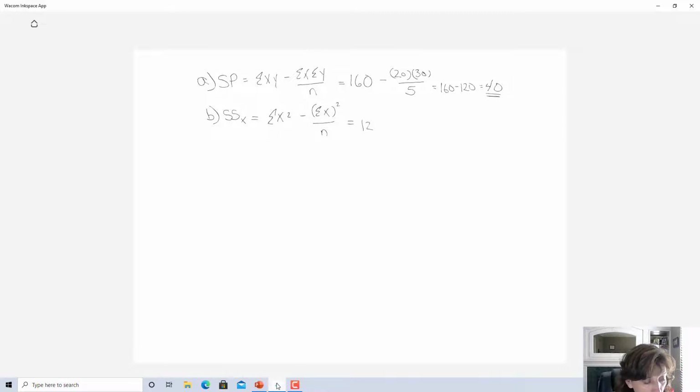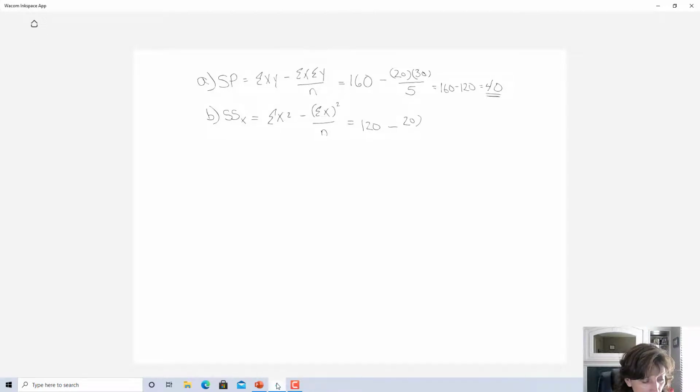We already calculated that. Remember, sigma x in parentheses squared is not the same thing as sigma x squared. Sigma x squared is when we take all of our x values, square them, and sum those squared values. Sigma x in parentheses squared is when we sum all of our x scores, then square that sum. My sigma x is 20.